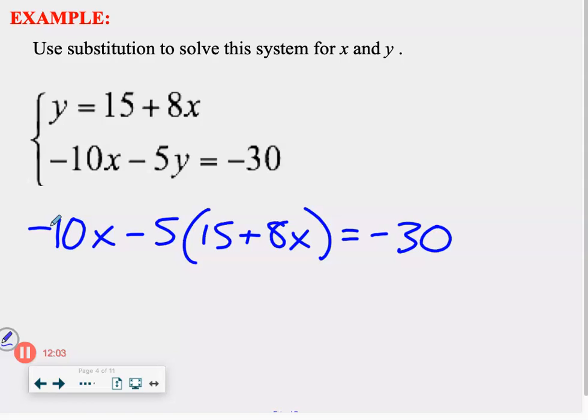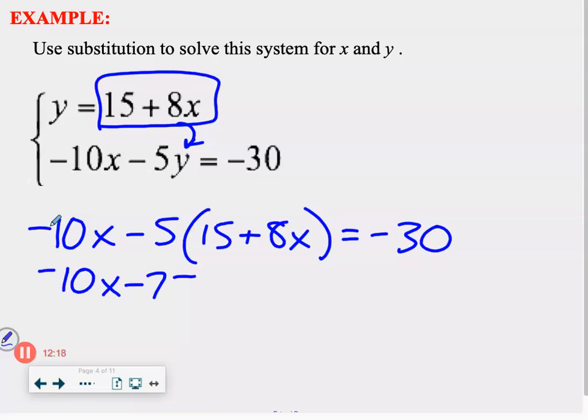Okay. So I'm replacing my y with 15 plus 8x, right? This goes in here. Does everyone understand the substitution part? Okay. All right, so I'm going to go ahead and distribute that negative 5. So now you have negative 10x minus 40x.